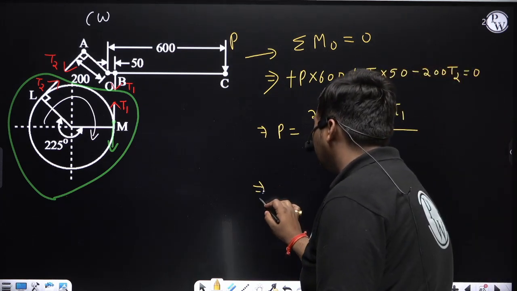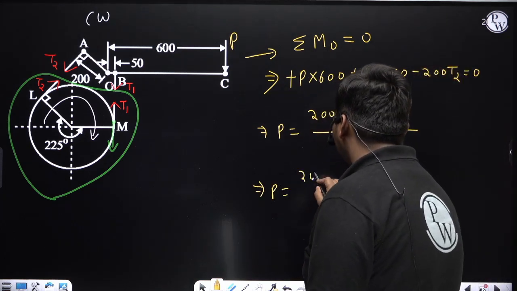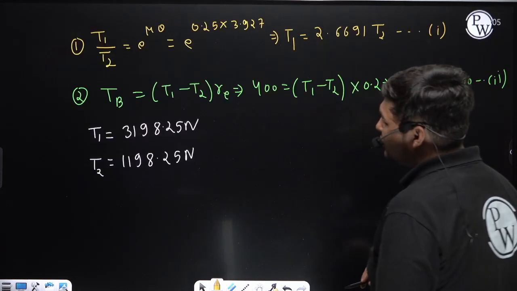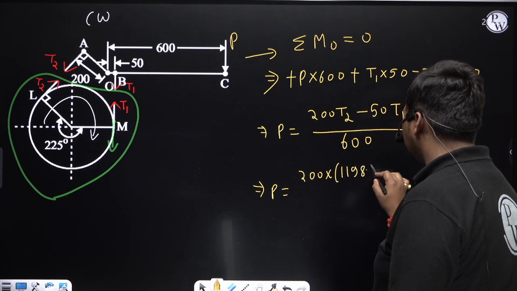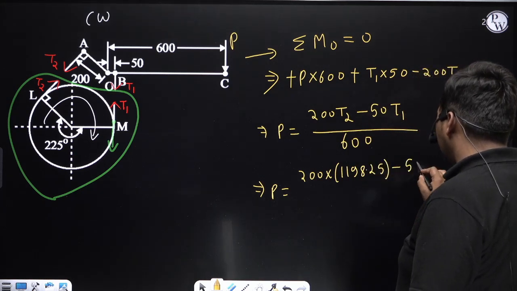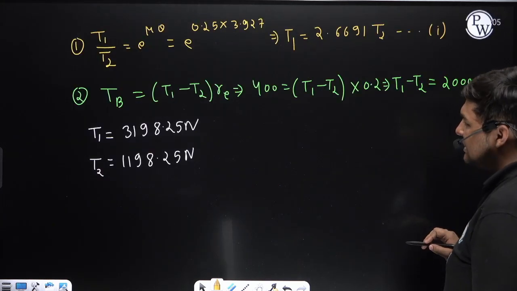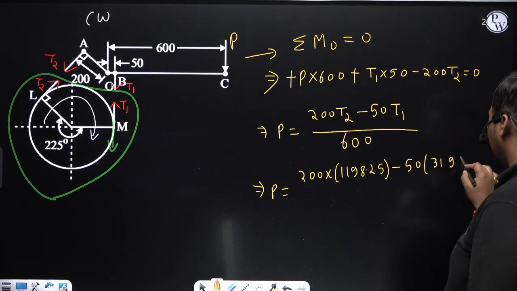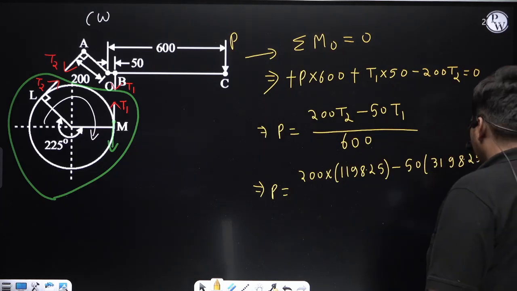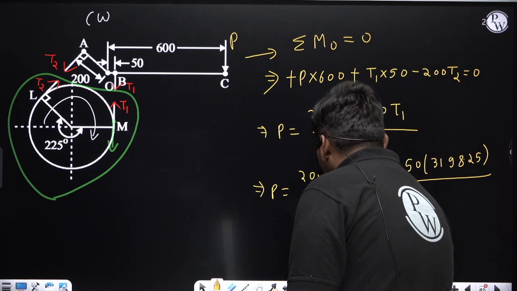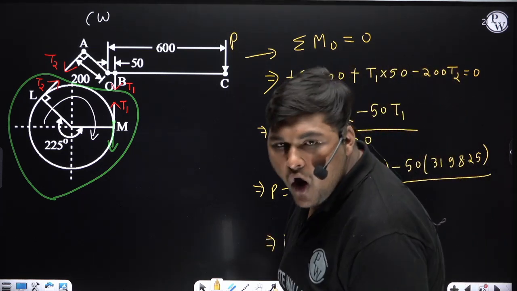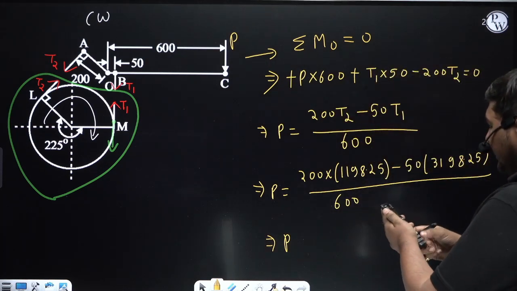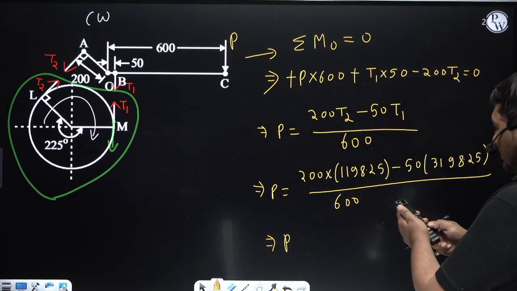Right now we have to find the value of effort P. It will come 200 into tension T2, T2 is 1198.25, minus 50 into T1, T1 is 3198.25, divided by 600. So we will get the magnitude of braking effort P for clockwise rotation of drum, and after solving it is coming. Now it is just calculation.